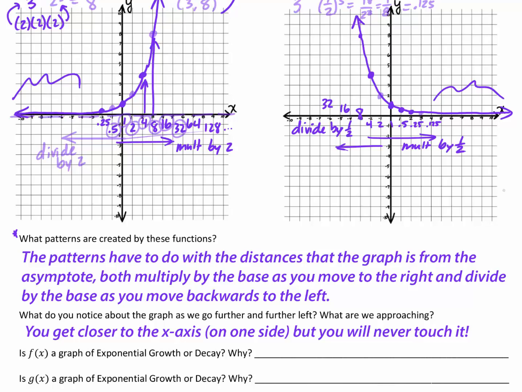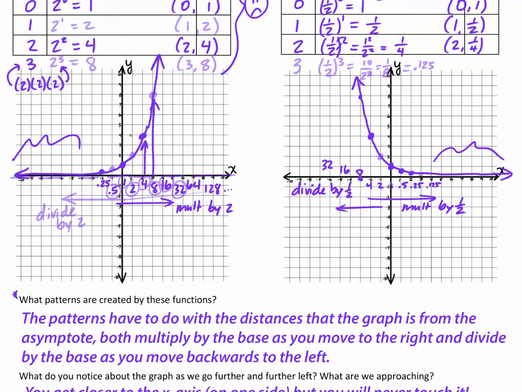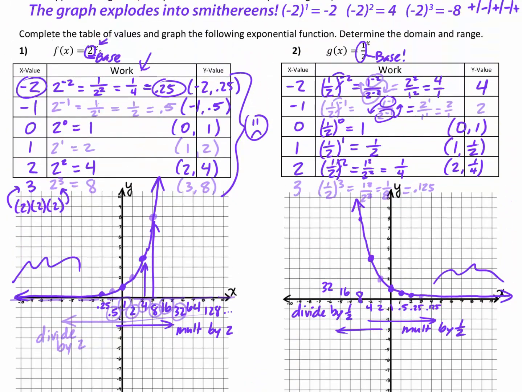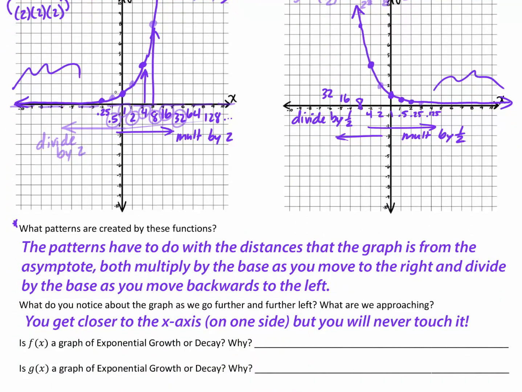Then it asks us to consider f of x, the first graph here, 2 to the x. Is that growth or decay? Because the base is over 1, and because the distances between our asymptote and the graph increase as we go, this is growth. You are doubling in height, doubling your distances every time.